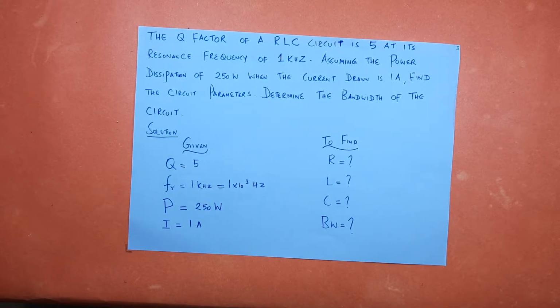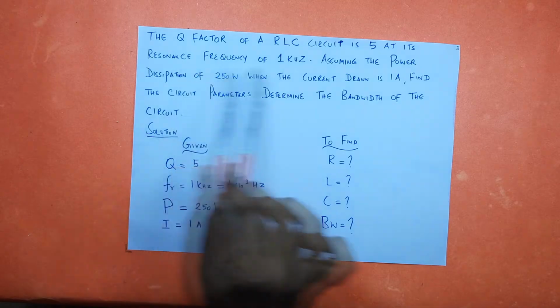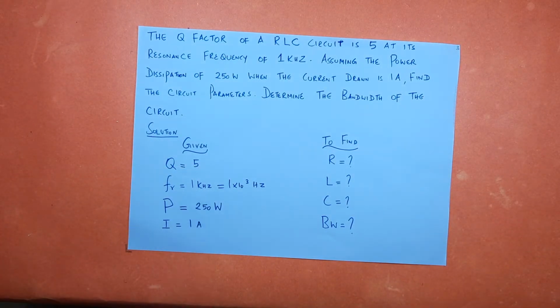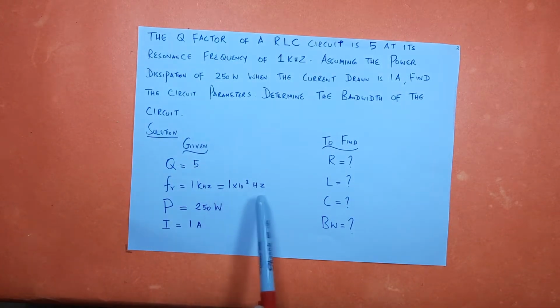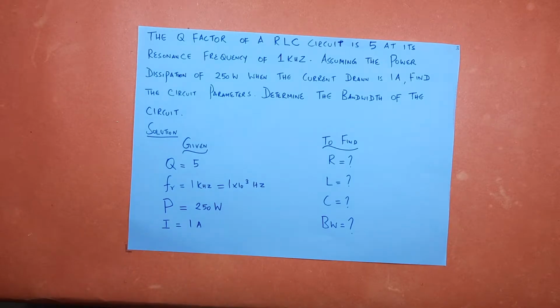So it is again an RLC circuit. You will write the solution. Given quality factor Q equal to 5, resonance frequency FR 1 kHz, kilo is 10 power 3, so 1 into 10 power 3 is just 1000 Hertz.